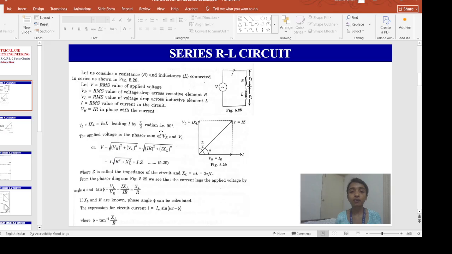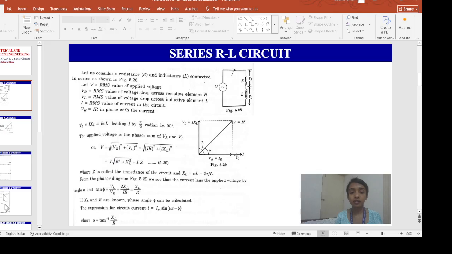And we know for an inductive circuit, the voltage leads the current by an angle of pi by 2 radian, that is 90 degrees. So if we draw this situation in a voltage triangle, for an inductive circuit the voltage leads the current by 90 degrees.